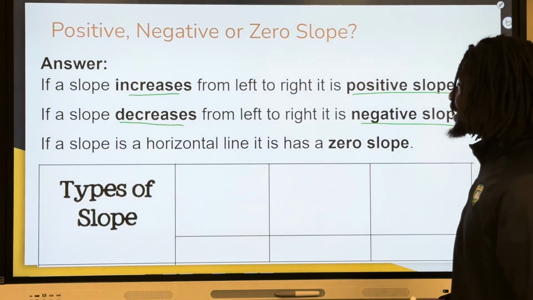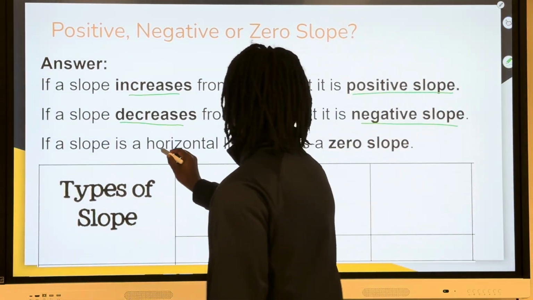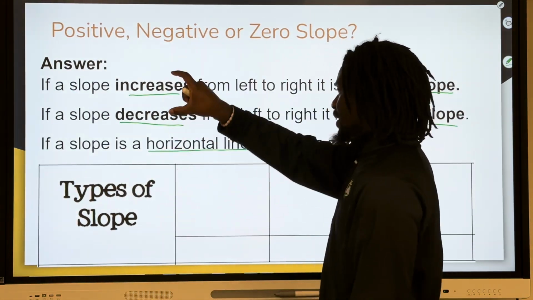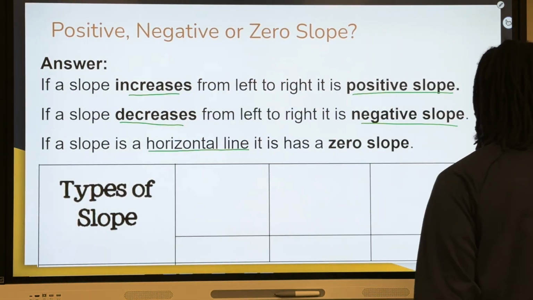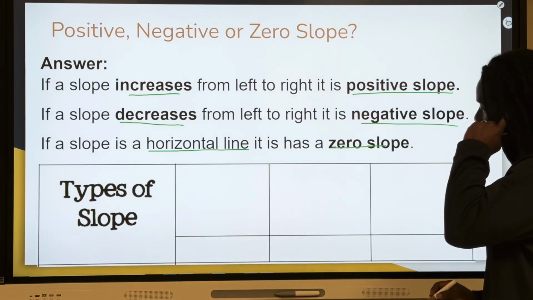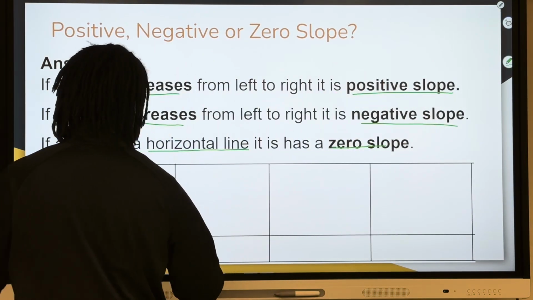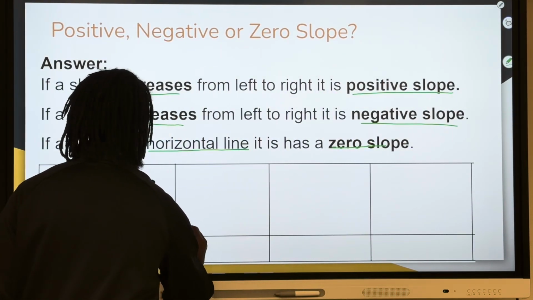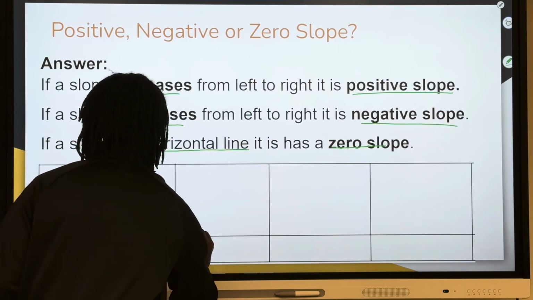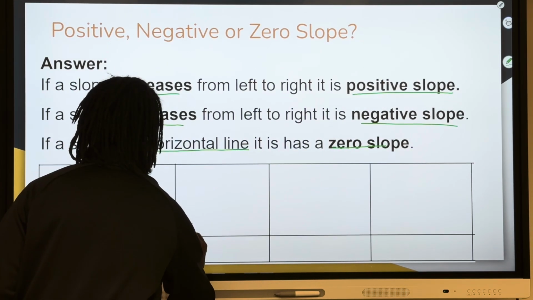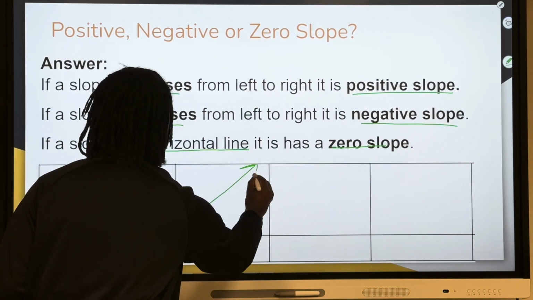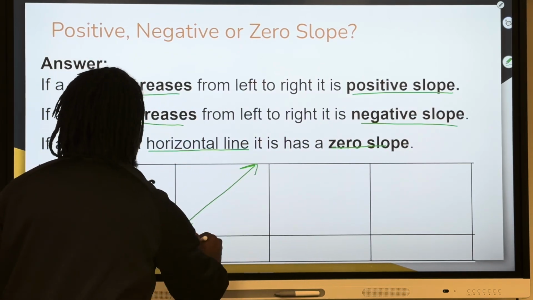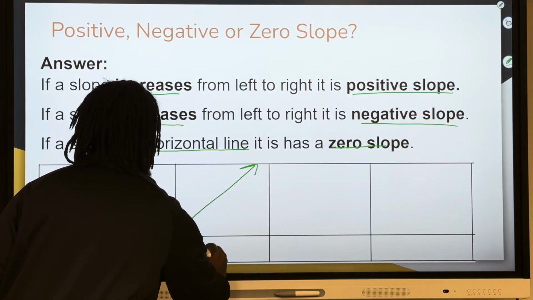And if a line is just a horizontal line, it is flat, it has a zero slope, okay? So, again, I said these, but I'm going to draw some pictures now. If it's going from left and then it goes up, increasing, this would be a positive slope.